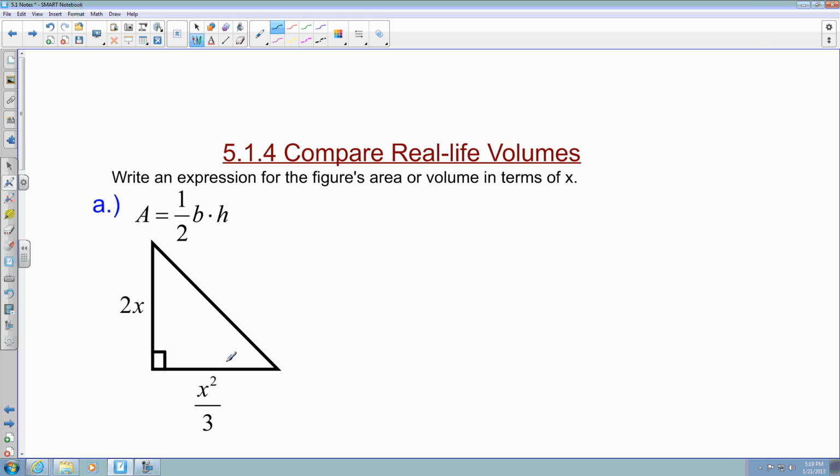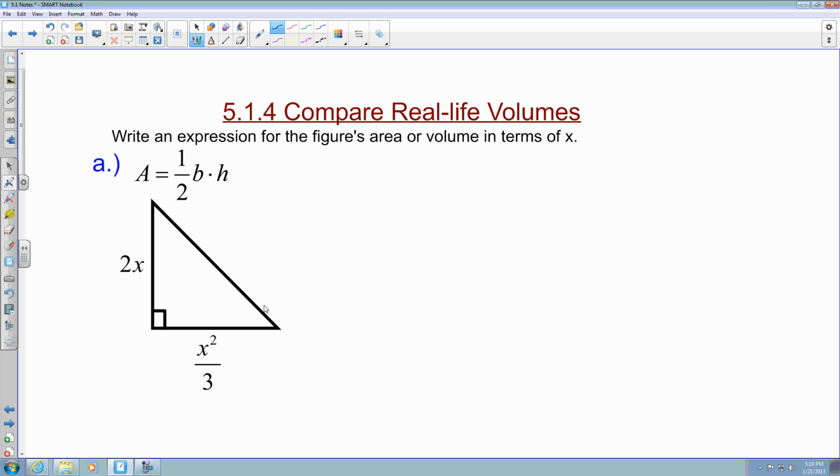Last examples deal with writing expressions for volume or area in terms of x. Basically, we realize that the area of a triangle equals 1/2 base times its height. So this is going to be represented as its base. This is going to be represented as its height. And so we are going to substitute those values into the area equation.